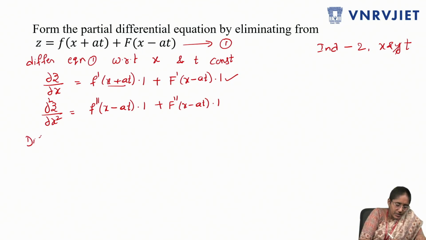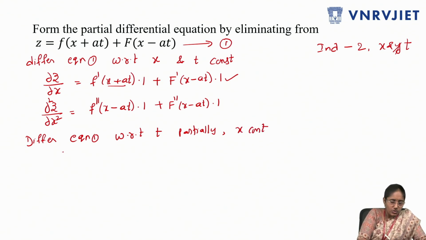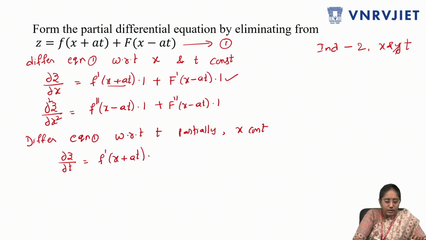Next, again differentiate equation 1 with respect to t partially by taking x constant. So ∂z/∂t is derivative of f, f'(x + at) into derivative of the inner function with respect to t.